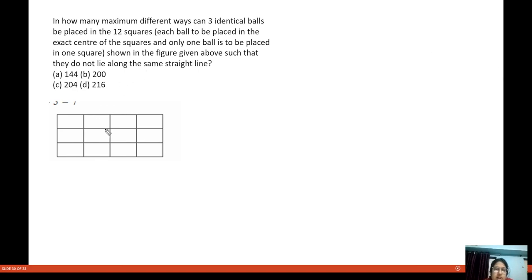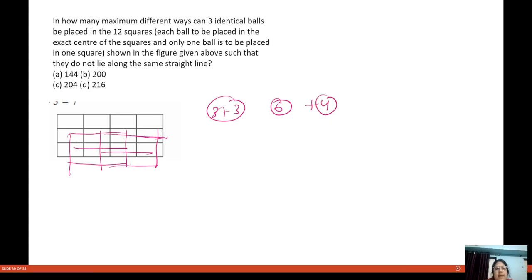See, what is the number of arrangements possible here? 1, 2, 3, because three places will make a straight line. So we get 3 plus 3, that is 6. Four conditions here we are getting a straight line, two conditions here a straight line diagonally, and two more conditions here a straight line diagonally.